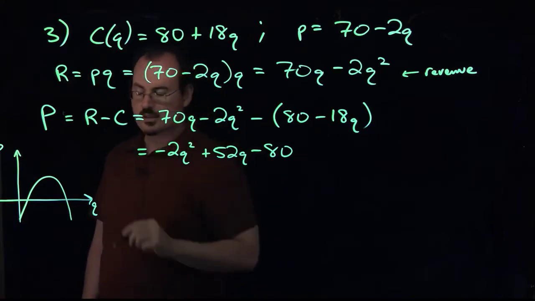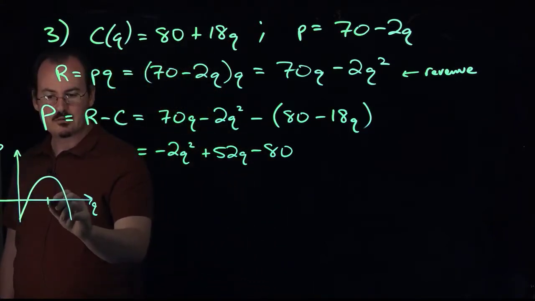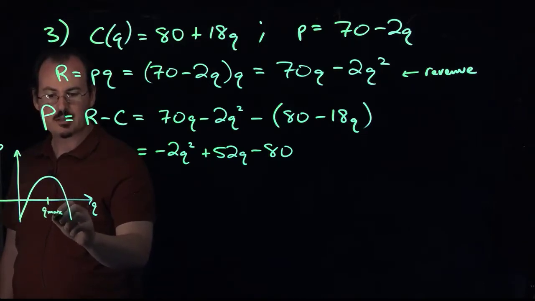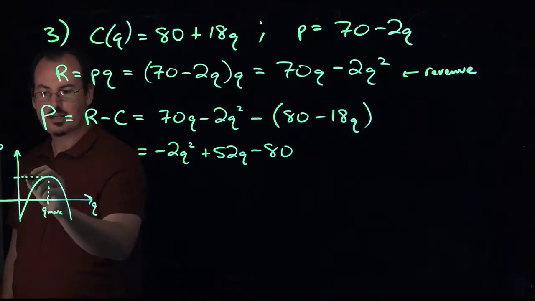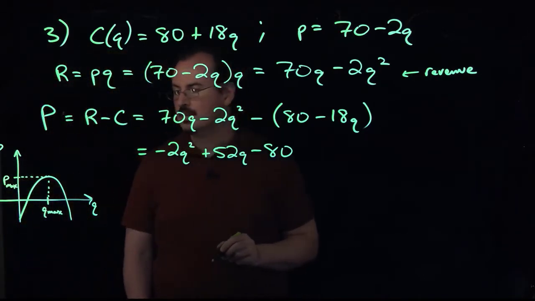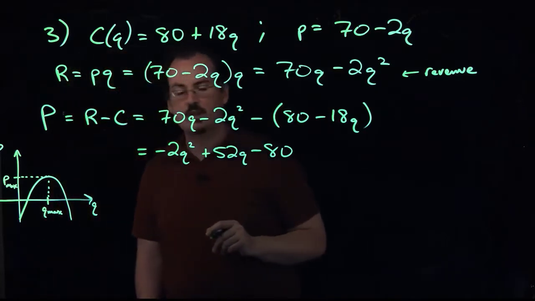We know it's opening down because of the leading coefficient. We're trying to find the maximum profit. Really two things about it. How many items do we have to sell to maximize profit? That's the Q max there. And then we also want to find the corresponding profit that goes with that Q value. So again, as we remember, this is a critical number for that.